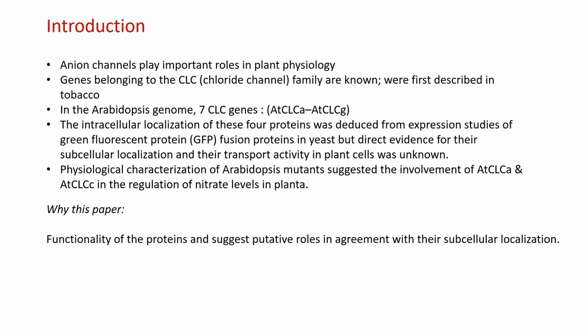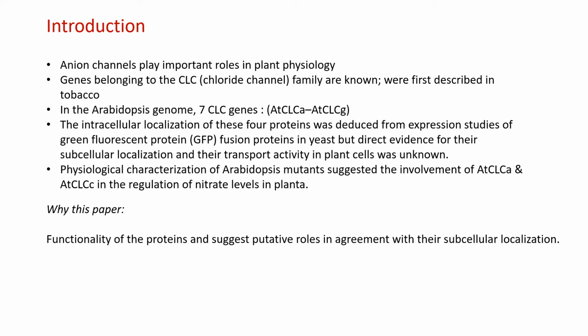Now, beginning with the introduction, generally in plants, for photosynthesis to occur properly, there is often importance of channels that can transport ions. Channels that transport anionic moieties such as chloride or nitrate are known as anion channels. One such anion channel is the chloride channel family of proteins called CLC, first discovered in tobacco plant.